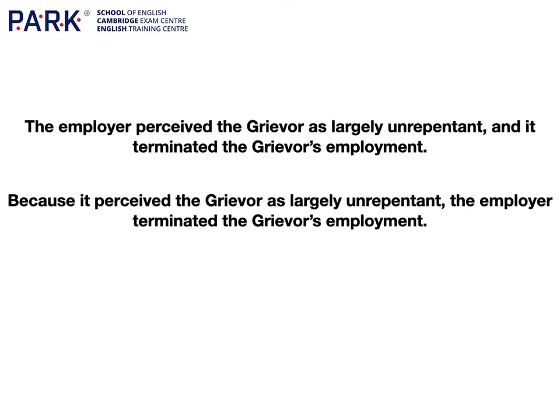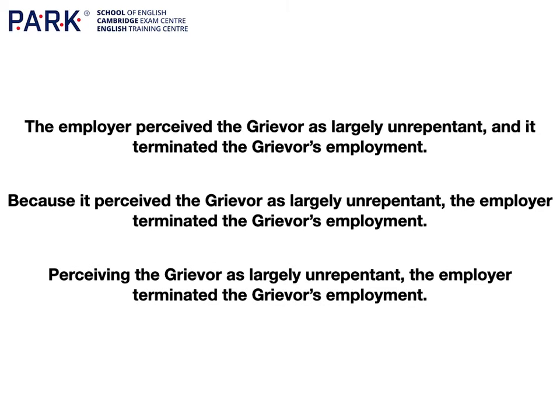So you could say, because it perceived the griever as largely unrepentant, the employer terminated the griever's employment. Or you could use a participle clause. Perceiving the griever as largely unrepentant, the employer terminated the griever's employment. As you can see, this sentence is much shorter. So if you want to be economical in your writing, use a participle clause.